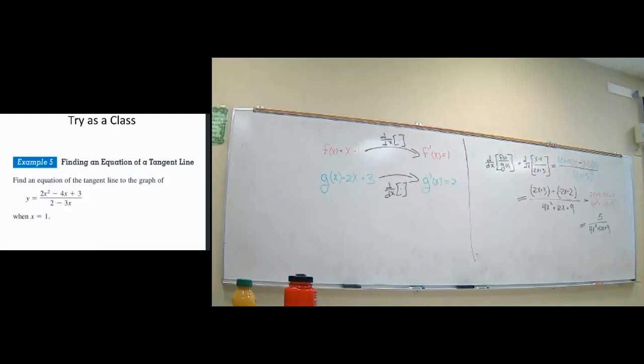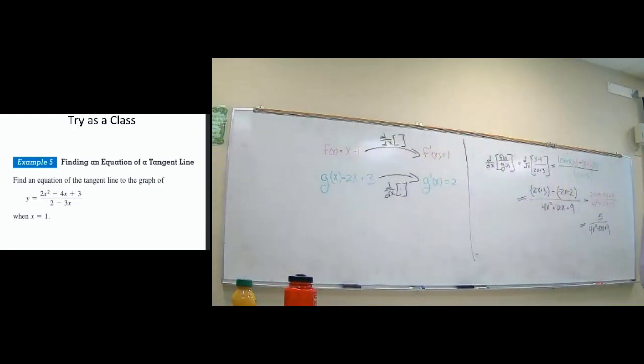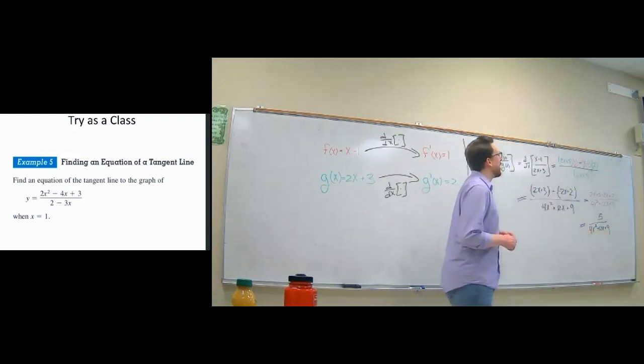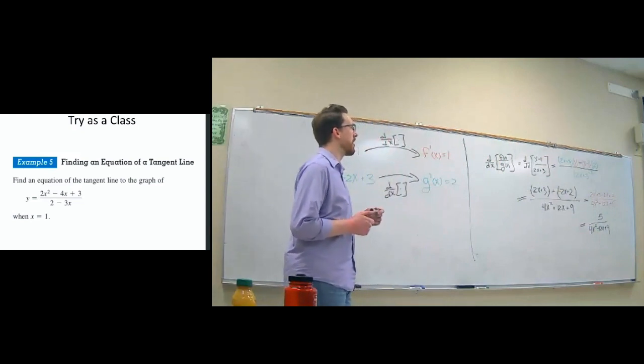Having said that, to find the equation of the line tangent to this function at x equal to 1, we need to apply the quotient rule here, right? Well, first, can we factor anything out? Not that I see. Nothing immediately jumps out at me.